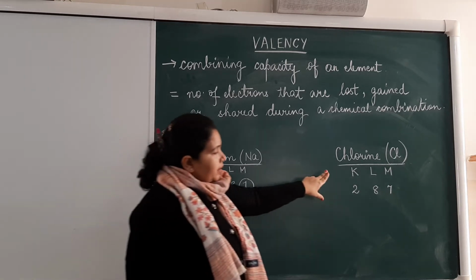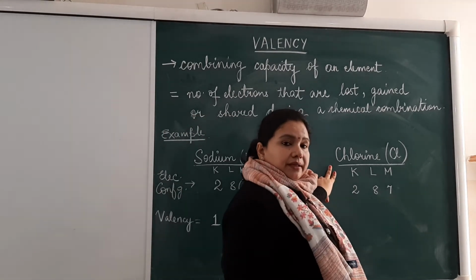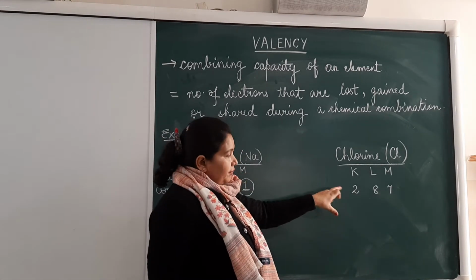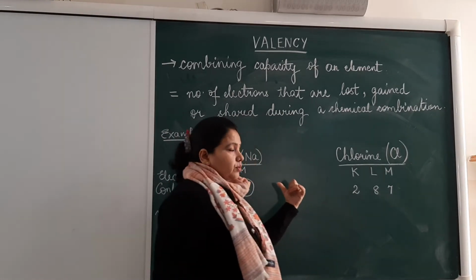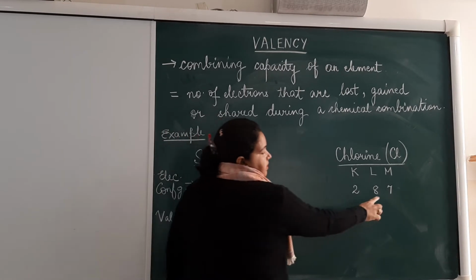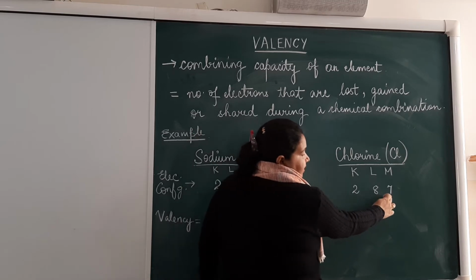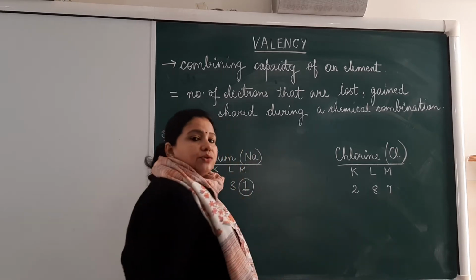Coming to chlorine, if chlorine has to combine with sodium, again to attain a stable configuration, it should have 8 electrons in its outermost orbit.